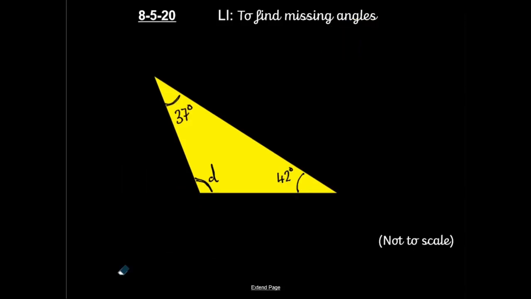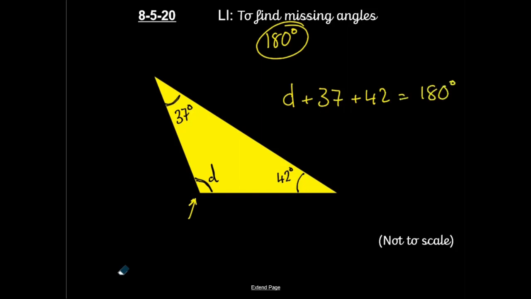So let's have a little look at this question here. I've got another triangle. Again, it's not to scale. So I've got two angles here, and I need to find the missing one. So here, I know that the total sum of angles is 180 degrees. So therefore, I know that the angle D down here is added to 37 and 42 to equal 180 degrees.